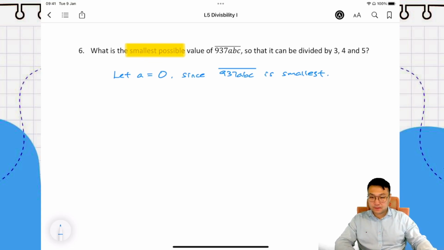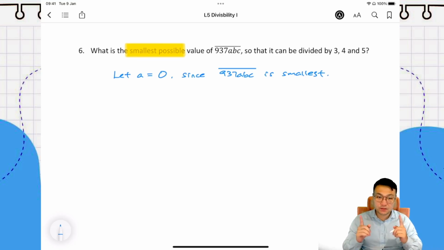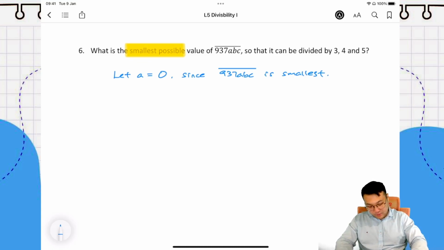Now, next, we look at the numbers 4 and 5. If you have a number that is divisible by 4 and 5, then what is the LCM, the lowest common multiple, of 4 and 5? It's 20.